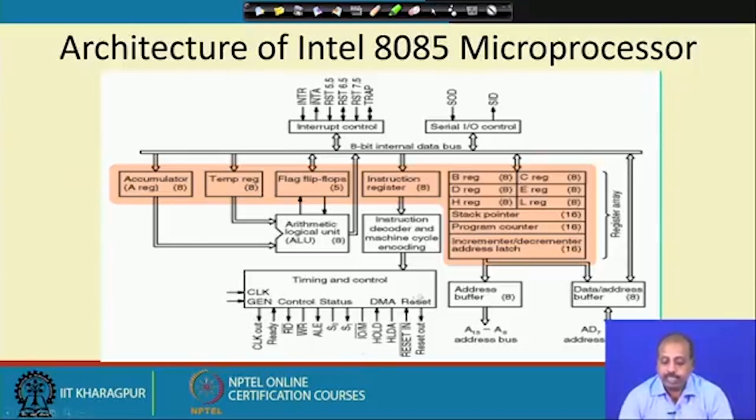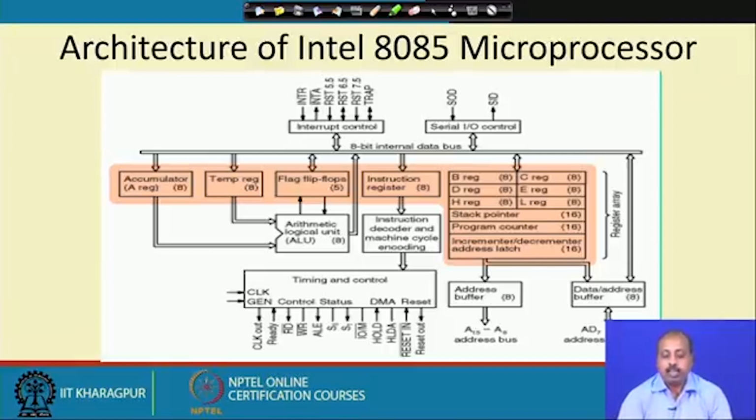So, other than that, we have got the general purpose registers like B register, C register, D, E, H and L. These registers are all 8-bit registers. However, in some instructions, you can use them as 16-bit register pairs as well.